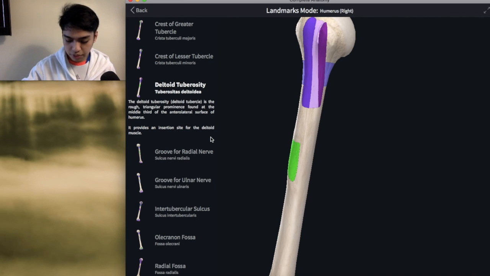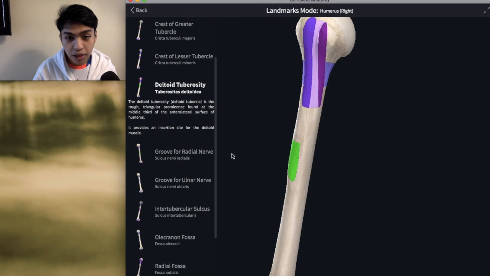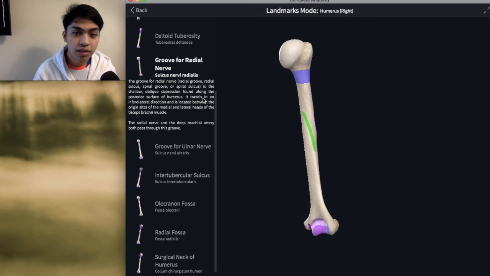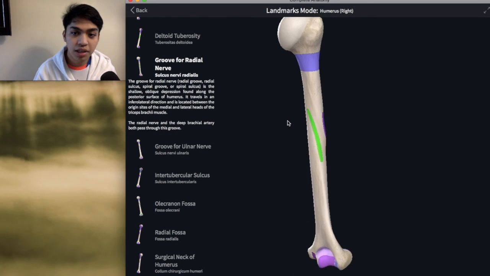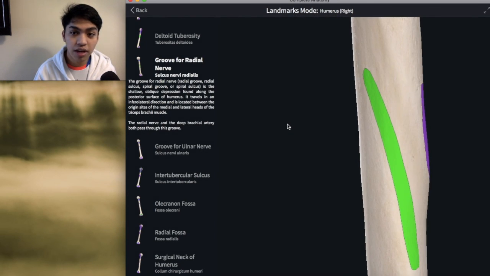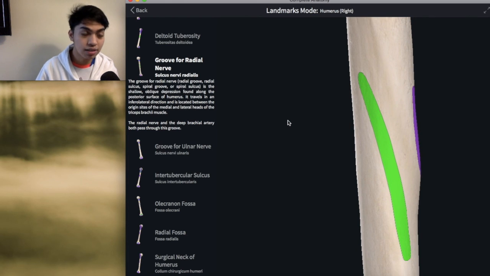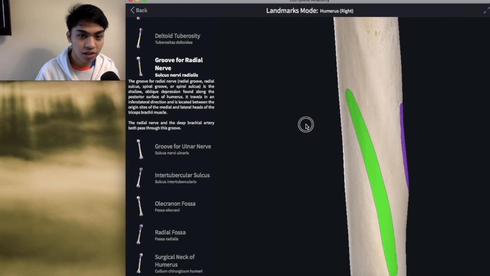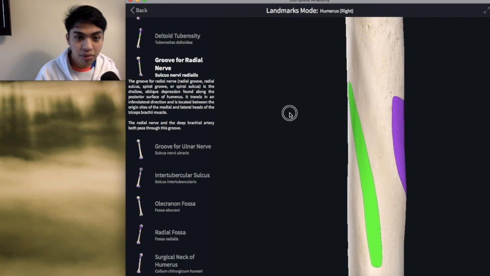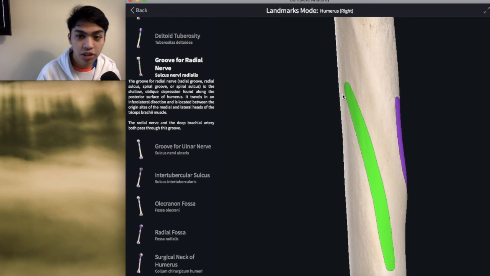For the next one, we have the spiral groove. In this reference, it is named the groove for the radial nerve because that's its function. The spiral groove is the oblique depression that lies obliquely along the posterior surface of the humerus.